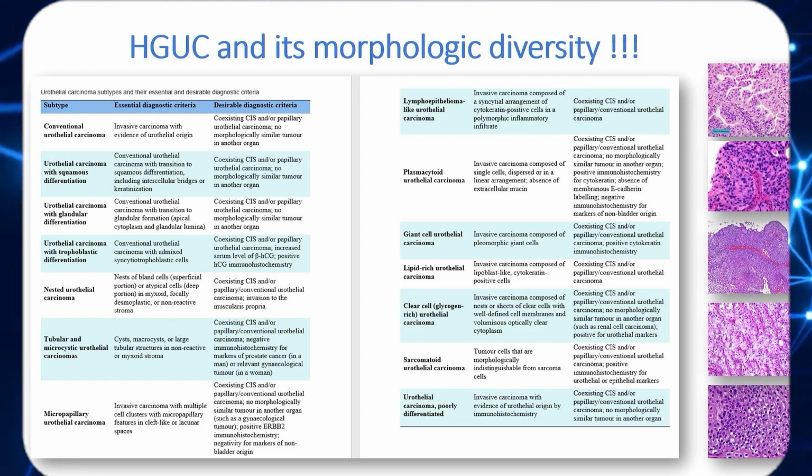The micropapillary will give you micropapillary configurations with high N/C ratios. Similarly, the other problematic one is the plasmacytoid urothelial carcinoma, where the N/C ratios are on the lower side, even as low as 0.3 for your malignant cells, but the nuclei will give you a complete understanding of what it is, and that is it is malignant.